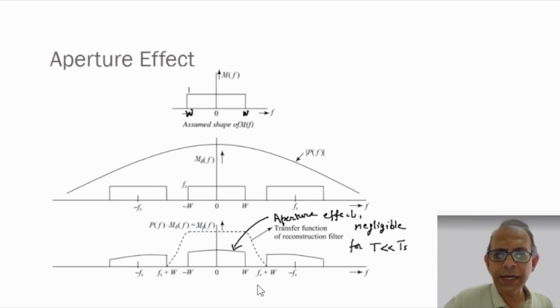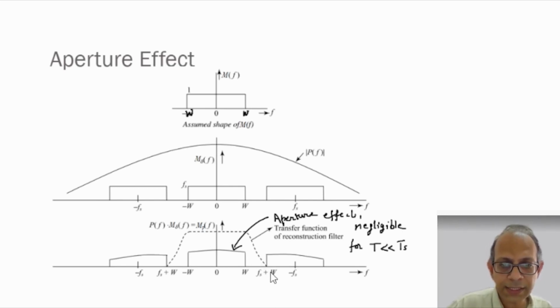Let us assume that m(t) is a band limited signal, band limited to W Hertz, with the basic spectrum as shown here, and the ideally sampled version of the spectrum would be the repetition of this basic spectrum at integer multiples of Fs as shown here. This M_delta(f) must be multiplied with P(f), the spectrum of the basic pulse, which is of the sinc nature, and when these two are multiplied, in effect what we get is this.